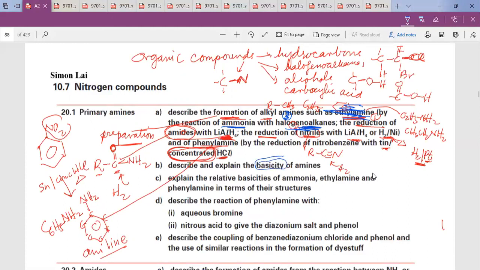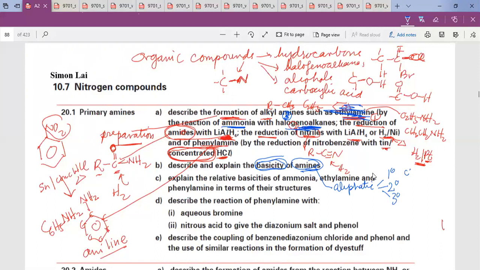Basicity. They ask you for definitions and equations of amines. Remember, the amines here refer to aliphatic amines, meaning straight chain. They can be primary, secondary and tertiary.